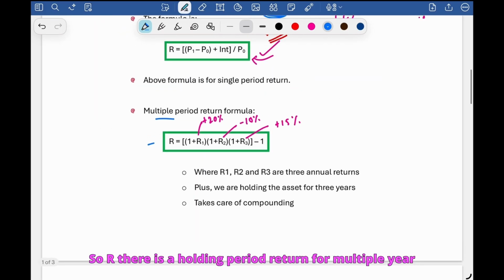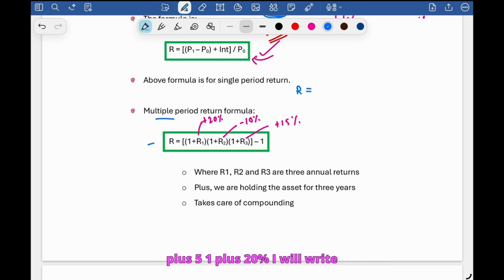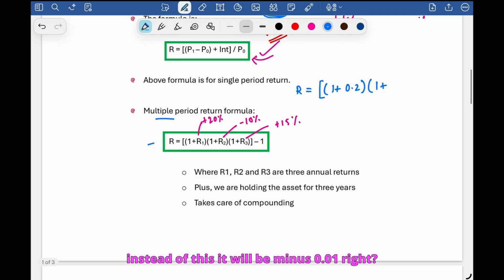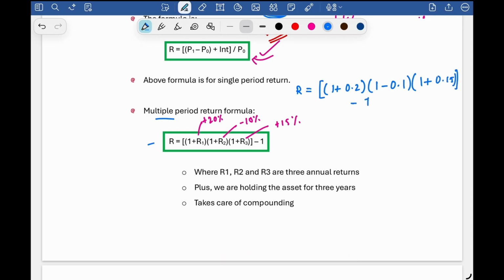So R, that is the holding period return for multiple years, equals 1 plus 20%, I write it as 0.2, right? R2 is minus 10, so instead of this, it will be minus 0.1. And 15% will be 0.15. That is then closed, minus 1.